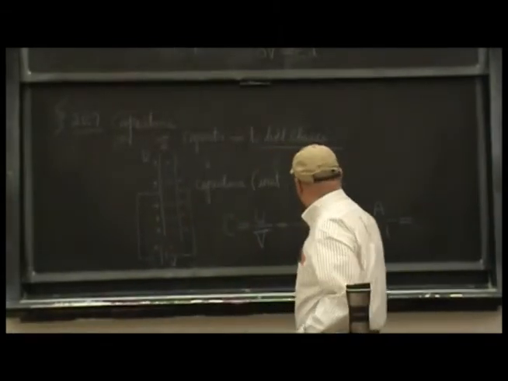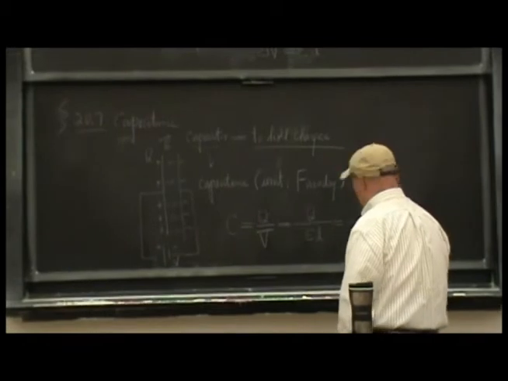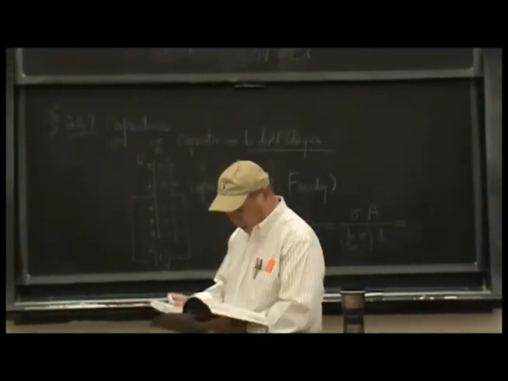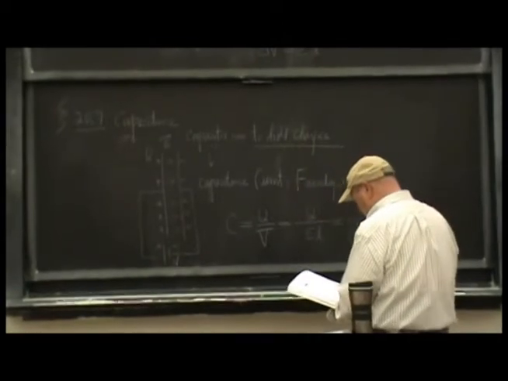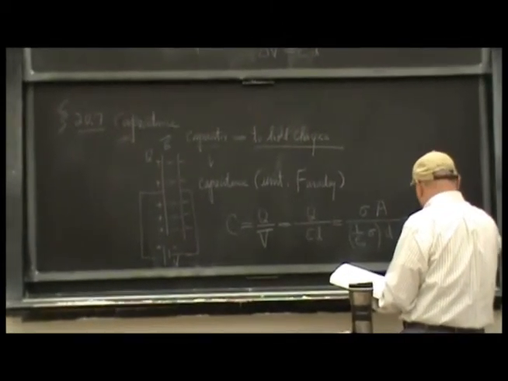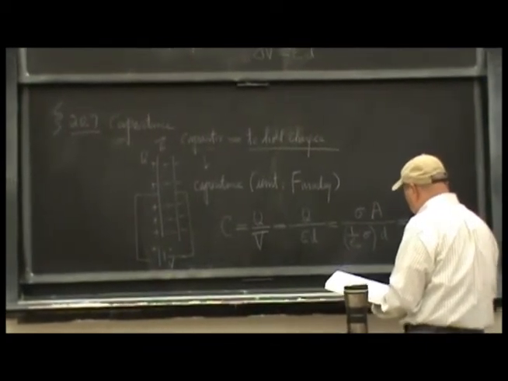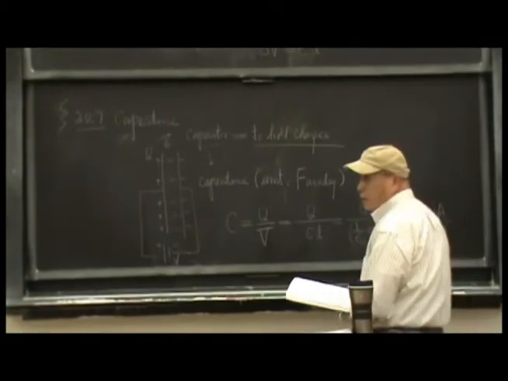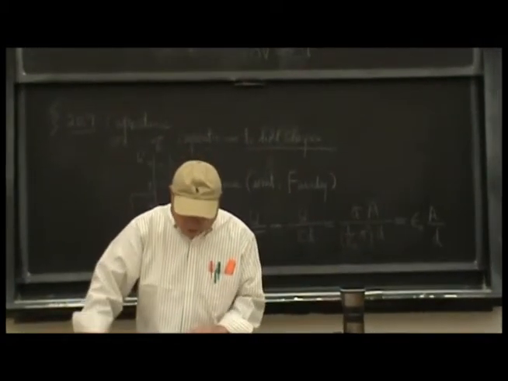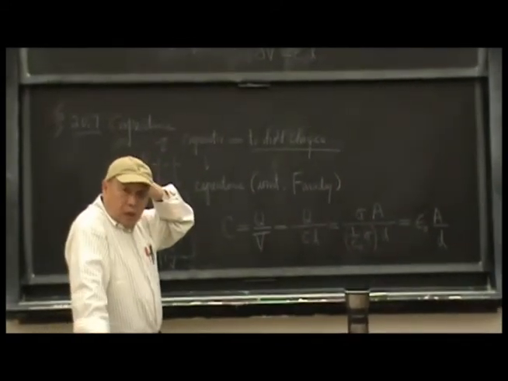So now we're missing one. Basically, C is equal to epsilon sub 0 times A divided by D. We can cancel out the sigma. So based on this information, this is called the derivation.